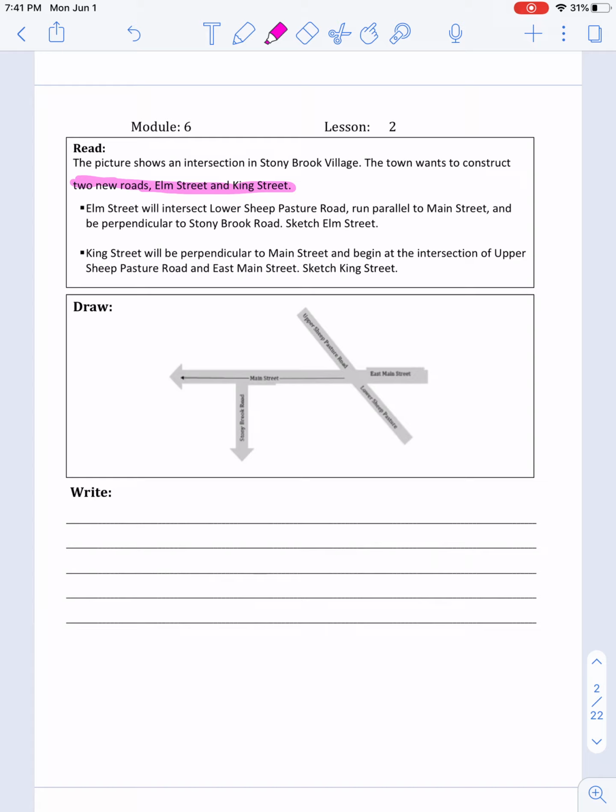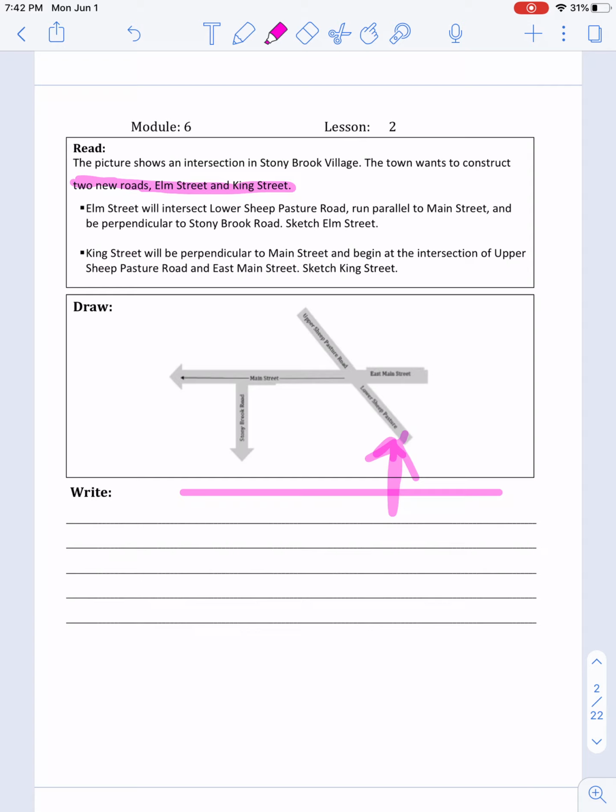Elm Street is going to intersect Lower Sheep Pasture Road, which is this one, Lower Sheep Pasture Road, and run parallel to Main Street. So it has to intersect this street, Lower Sheep Pasture, and it also has to run parallel to Main Street.